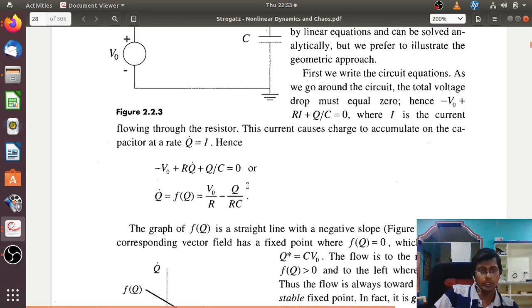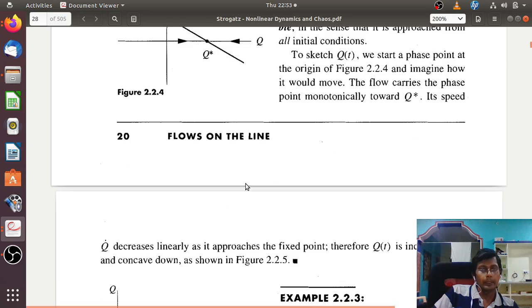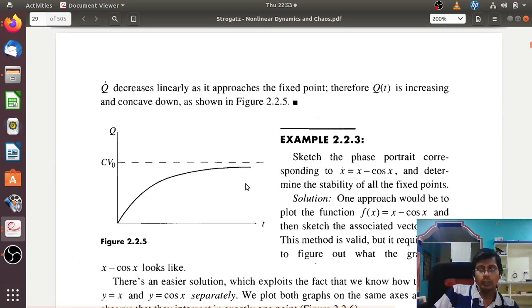For this differential equation you need to identify where the fixed points are and what sort of fixed points they are. And you need to do the same for the third example, which is x dot equal to x minus cos x.